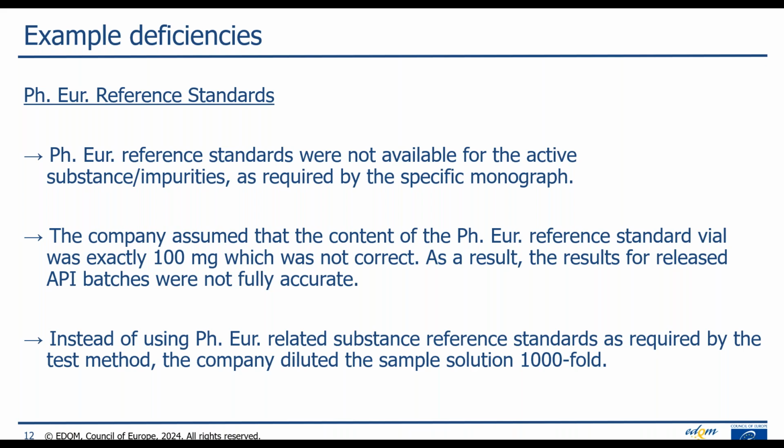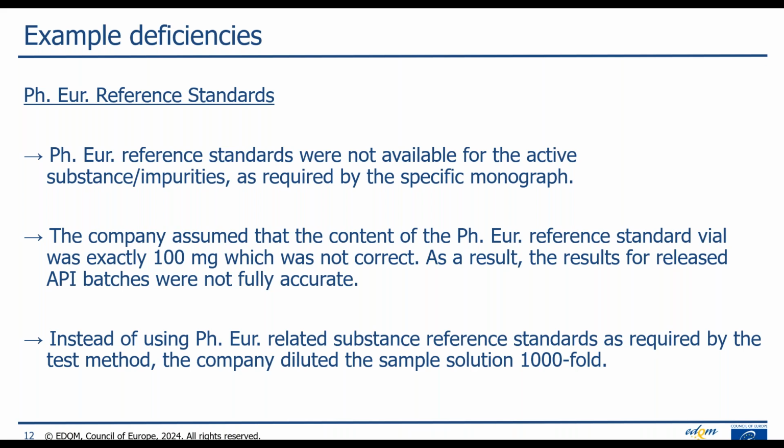Another example, we found a company assumed that the content of the European Pharmacopoeia standard was exactly 100 milligram, which was not correct. So this resulted in the results for release batches not being accurate.